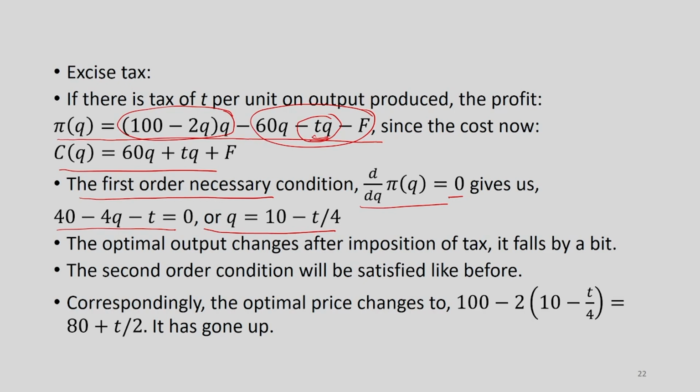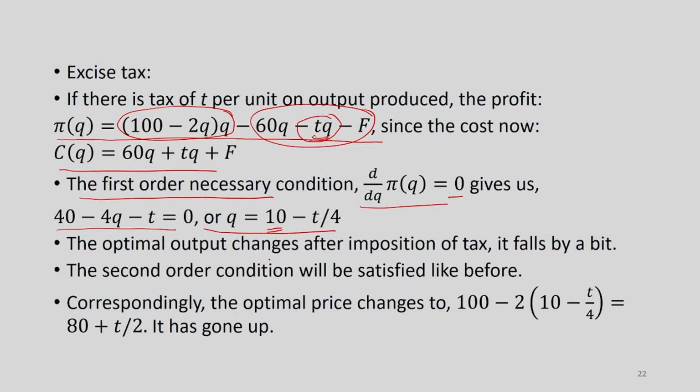Just for comparison, earlier when there was no excise tax, the optimal quantity was simply 10. Now that optimal quantity is 10 minus t divided by 4.